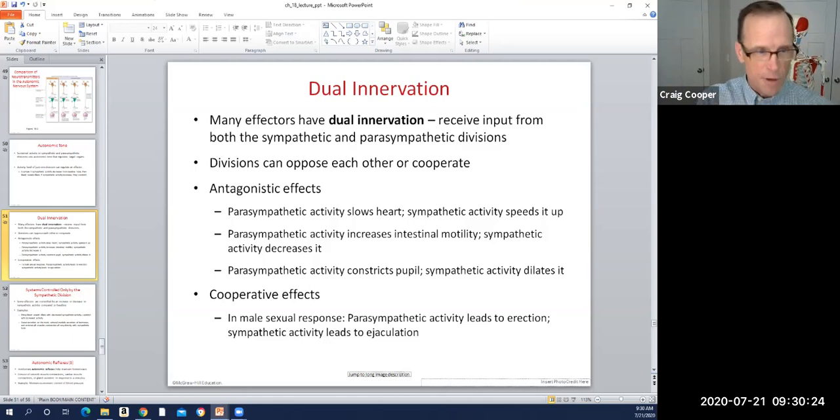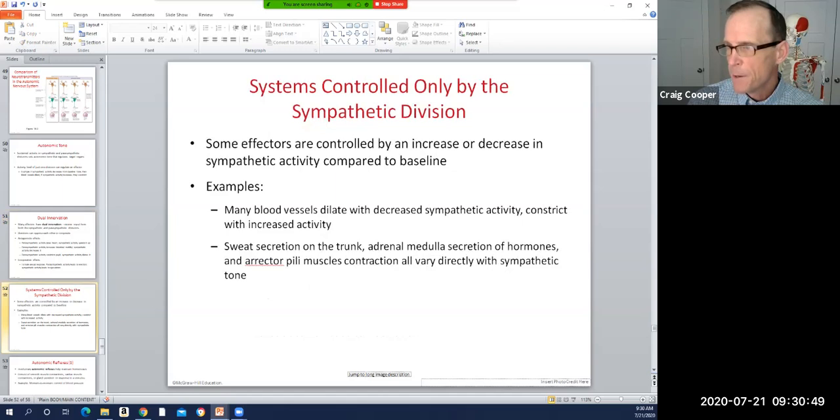Essentially, if the goal is impregnating somebody, you need both the parasympathetic and the sympathetic to work together. And we see similar things with female responses as well, where certain components of the female reproductive tract work in response to sympathetic and other parts work in response to parasympathetic. So cooperative is less common. Antagonistic is by far the more common.